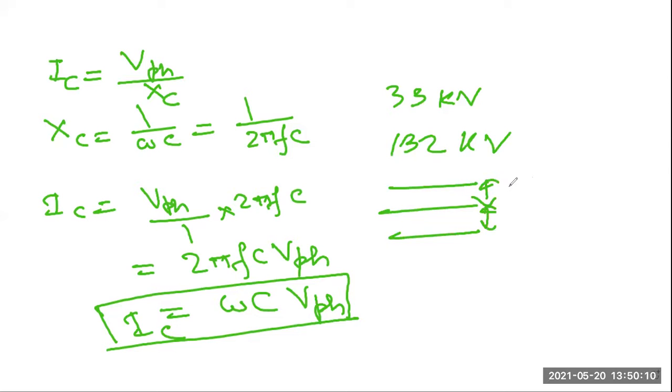This is a standard practice. Unless it is specified that it is a phase voltage, the rating of any transmission line is specified in terms of line to line voltage. Is it clear? These are basic things. Okay, sir. Please remember this.